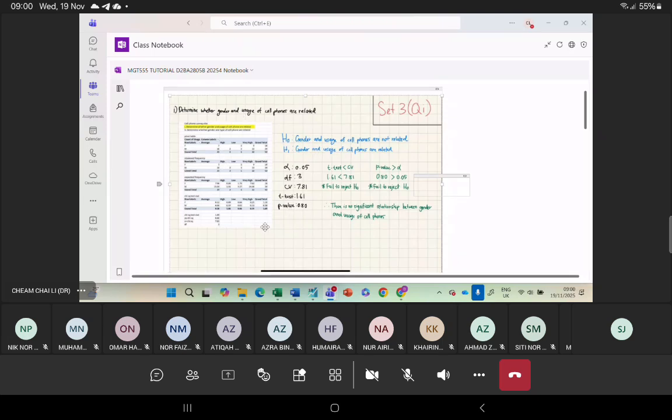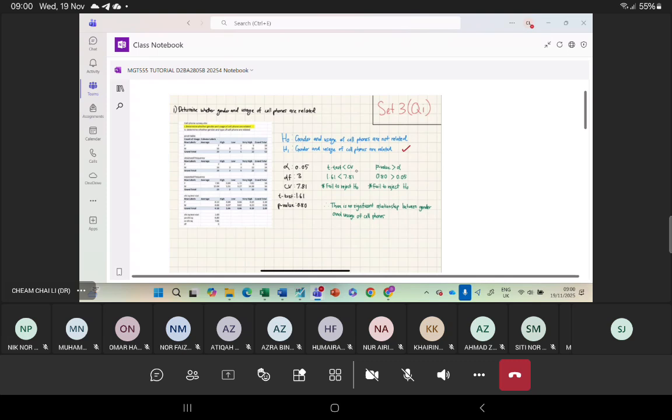So gender and usage of cell phone are not related, and the two are related. Okay, when I calculate, so I got 1.6. Your critical value is this. So test statistic compared with critical value, so decision failed to reject HO, p-value failed to reject HO. So there is no significant relationship between gender and usage of cell phone.